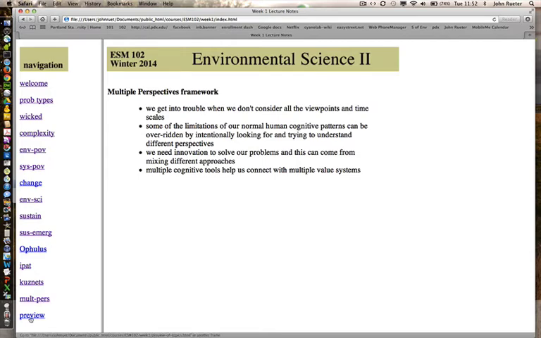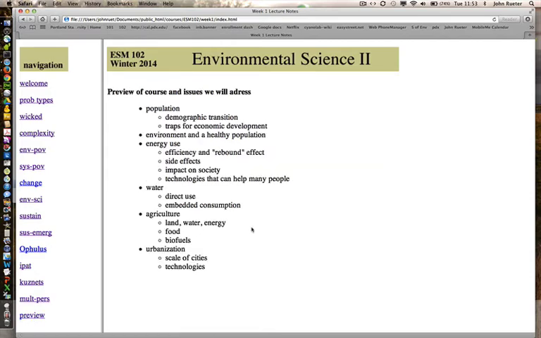I want to show you a preview of the problems we're going to address in this course, and then I want to go through the list of weeks in the course to show you how we're going to use these different approaches. So we're going to be talking about population, the population amount, and how countries control their own population, which is called the demographic transition.